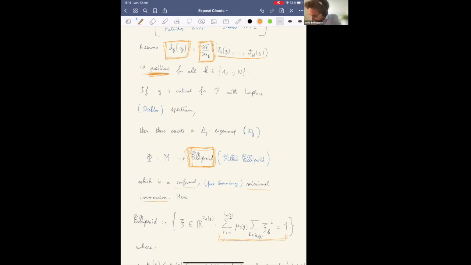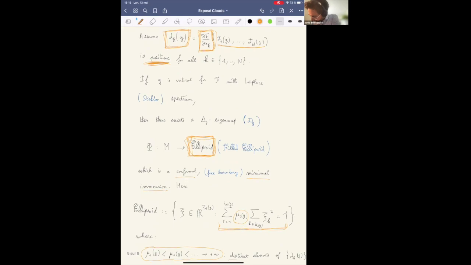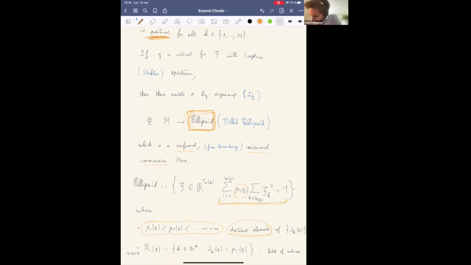And so these mu i's here are the distinct elements in the spectrum. The Aleph I here is the batch of indices that correspond to a given mu I. And so the ellipsoid then is defined as you see here.